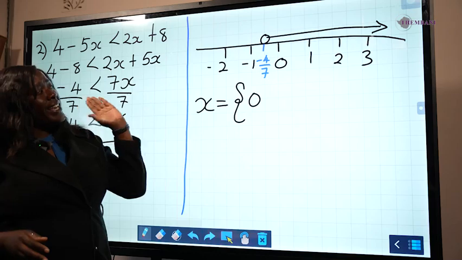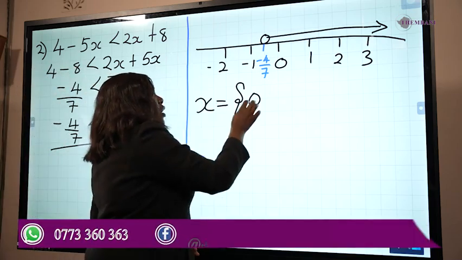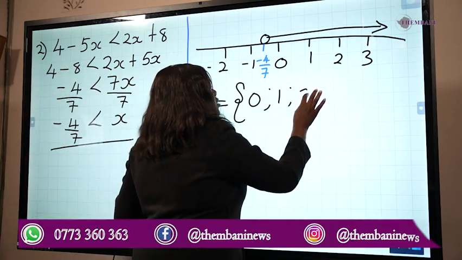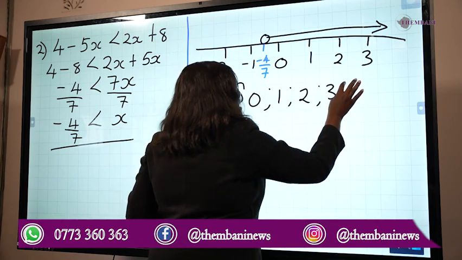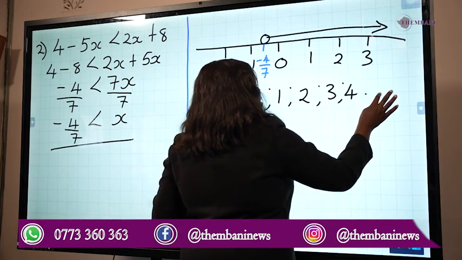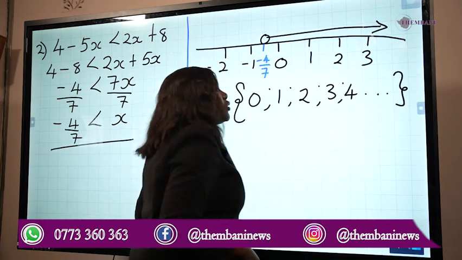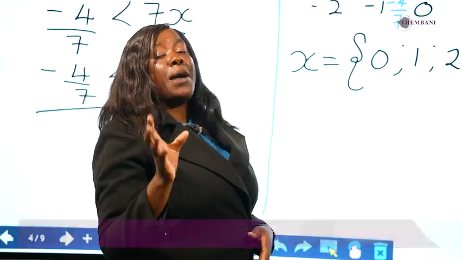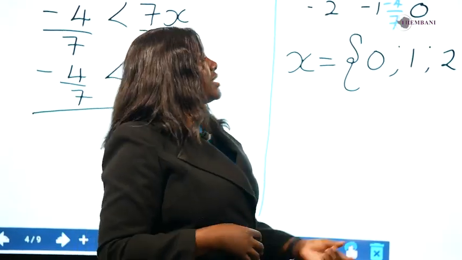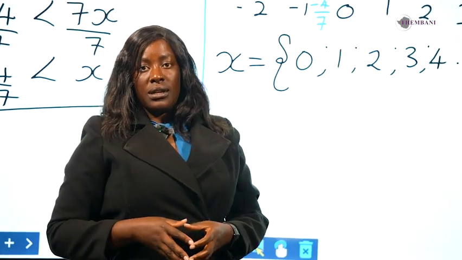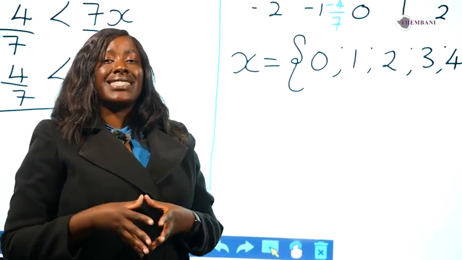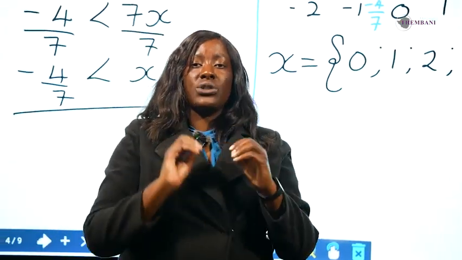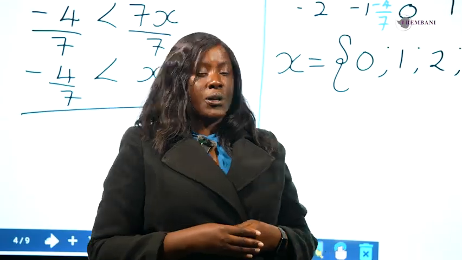The arrow is going in that direction. So we have 0, we also have 1, we also have 2, 3, 4, and so on, because we are not able to exhaust them. You separate these numbers using a semicolon. When we are separating coordinates in a set, we separate using a semicolon.